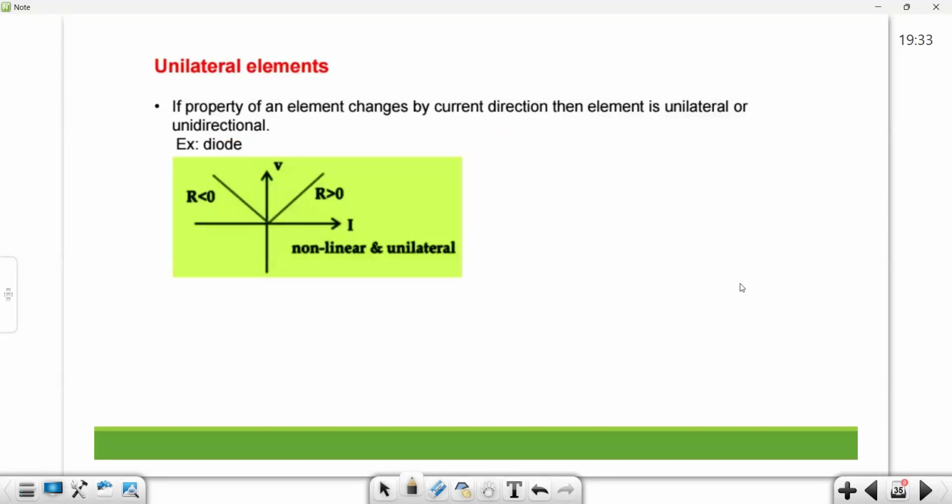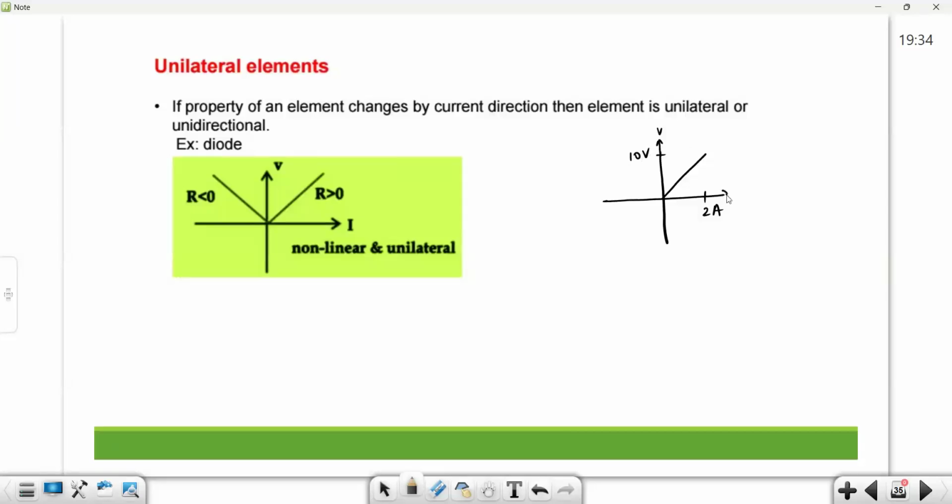And here, if you want, I can take a very good example. Previously we took resistance, right? Same thing we'll take here also. Let this be 2 amps, let it be 10 volts.